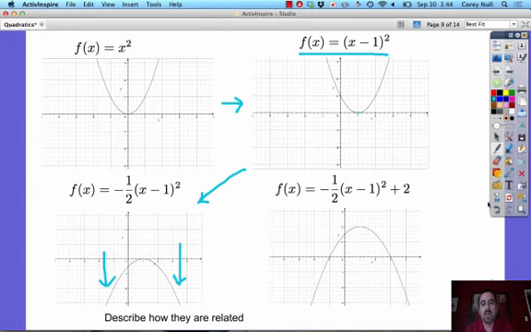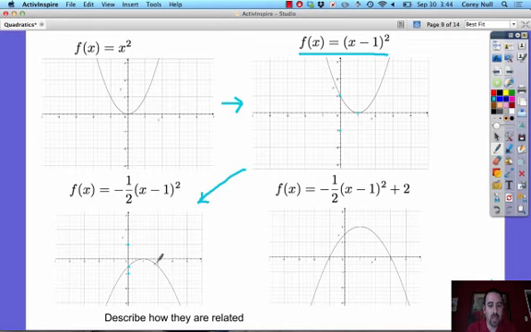But something else has happened at the same time. That negative is what sent things down. But look at where they went. Instead of the point 1, 1 going to the point 1, -1, it's gone from the point 1, 1 to the point 0, 1 originally. That's where it was on this graph. And it sent it not all the way down here where we thought it was going to, but it sent it halfway down.